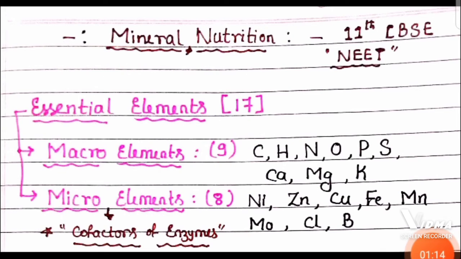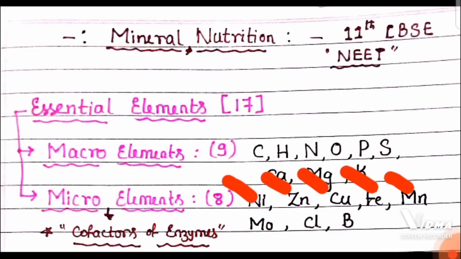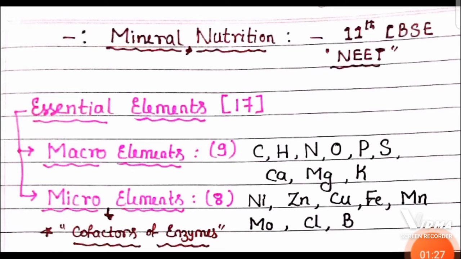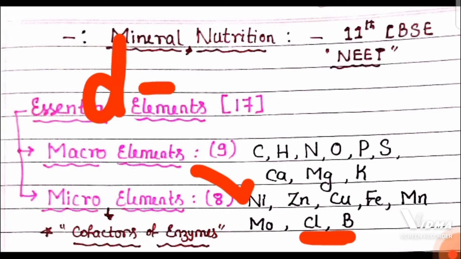Whereas 8 micro elements are required. They are nickel, zinc, copper, iron, manganese, molybdenum, chlorine and boron. Out of these 8 micro elements, except chlorine and boron, all the remaining micro elements belong to the D block.